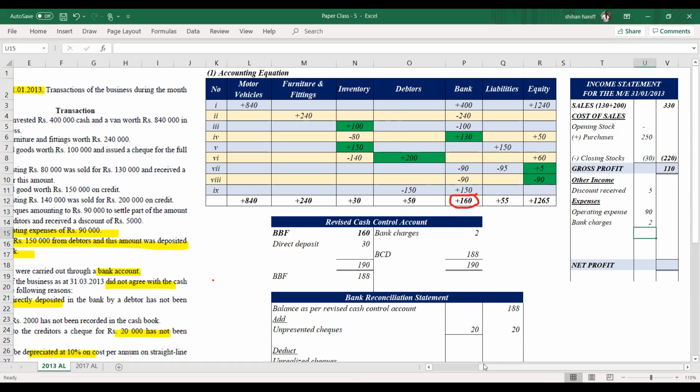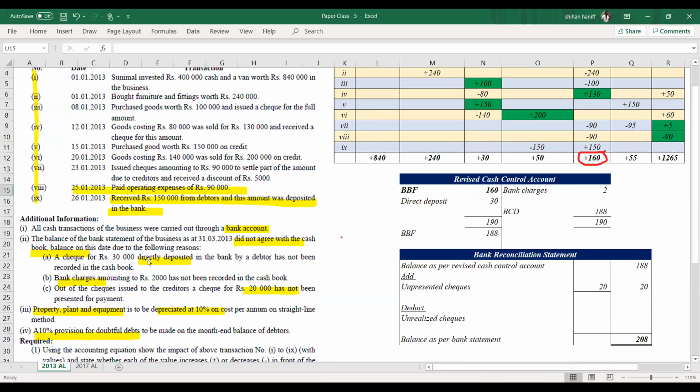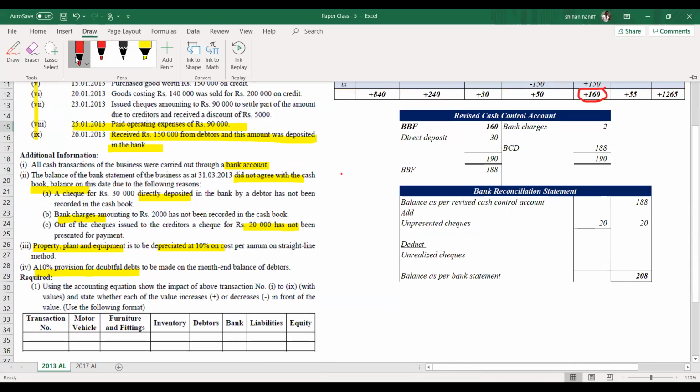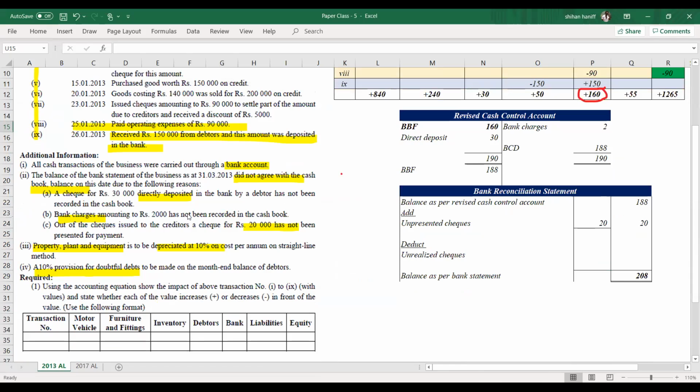Then we also have to consider the depreciation. Now, in the accounting equation, they are not asking us to calculate the depreciation, but now you have to calculate the depreciation and also the doubtful debt.